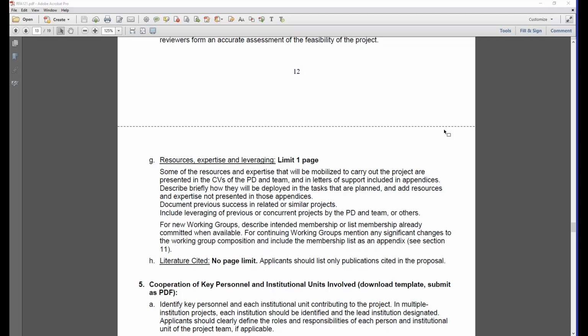And please do connect them: if you bring letters of support, just let us know where their expertise is relevant within your proposal.